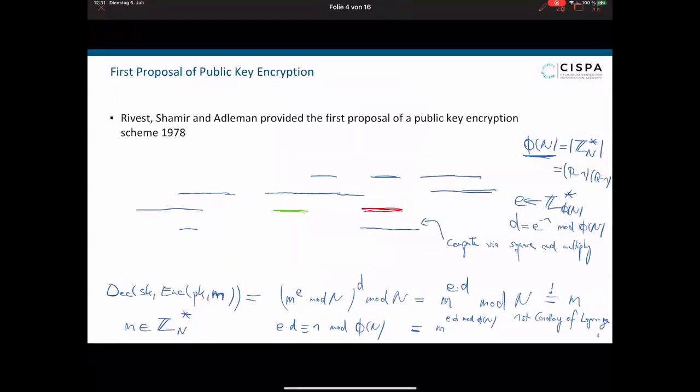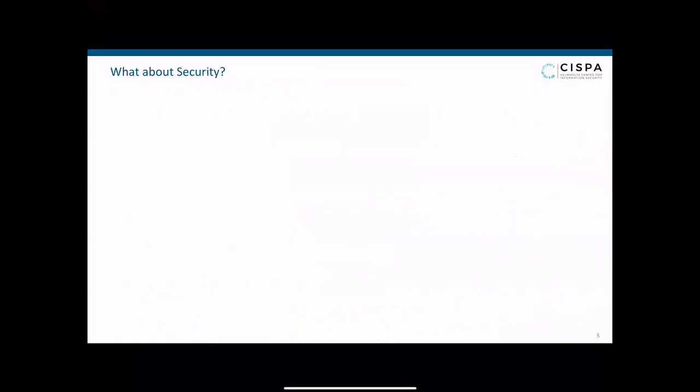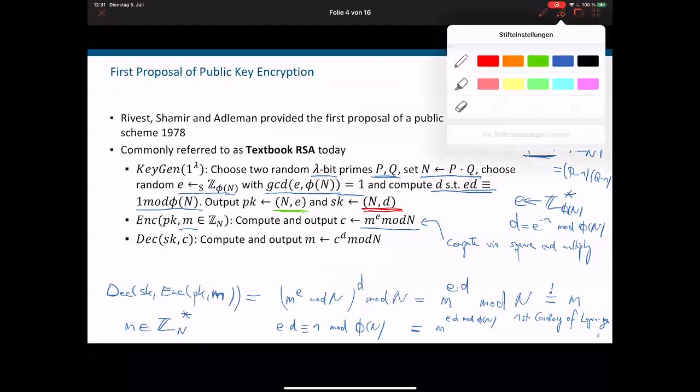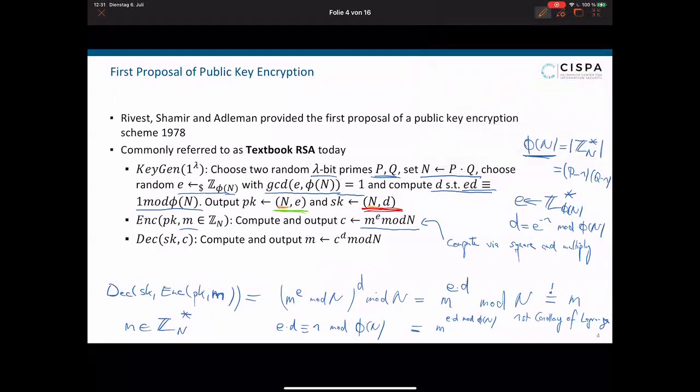Now, let's get started here. So last time we finished off with what is now called the textbook RSA scheme, where the public key consists of this modulus n and this exponent e, and this n is just the product of two large primes.